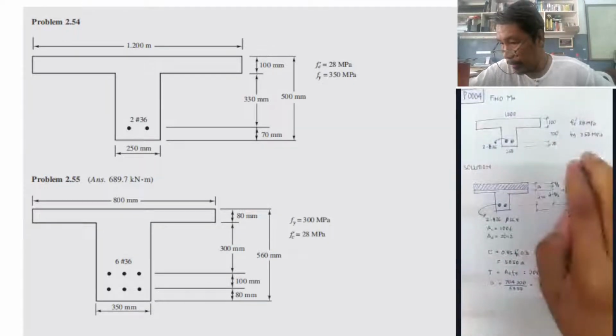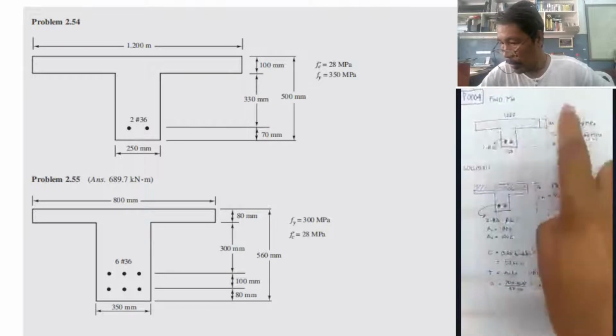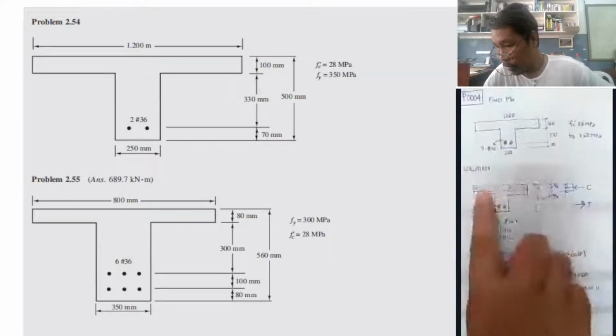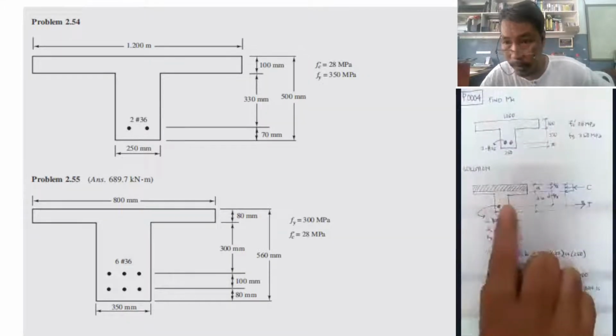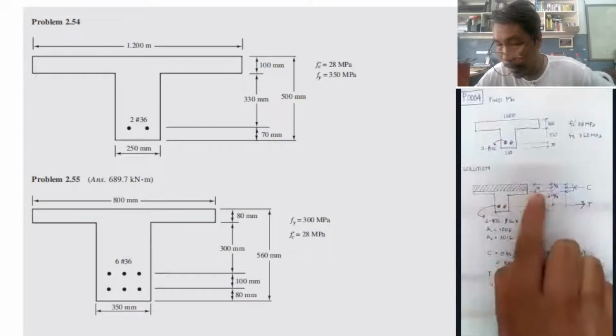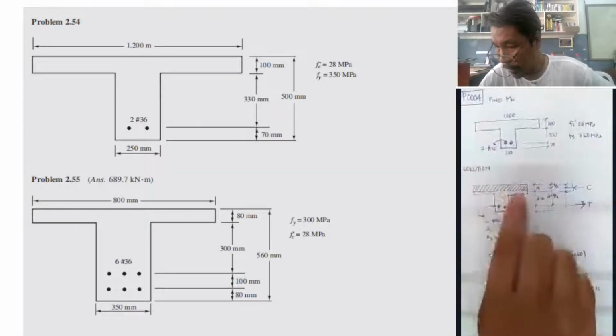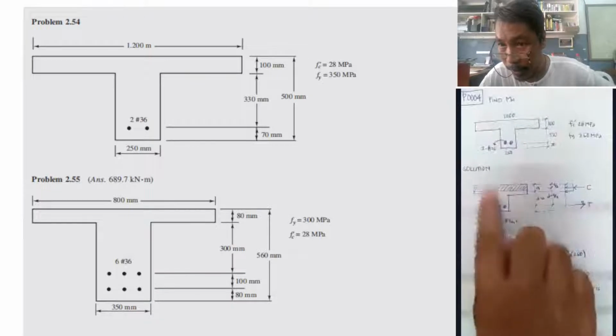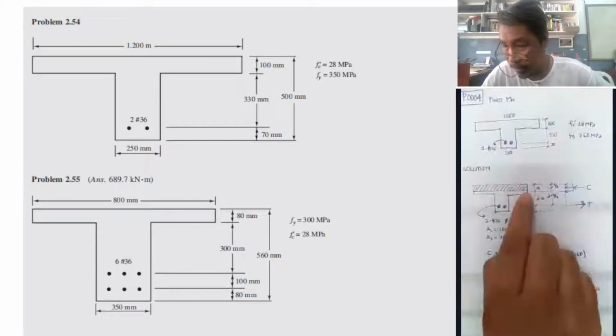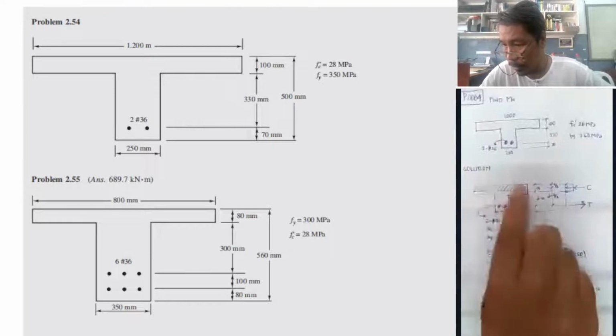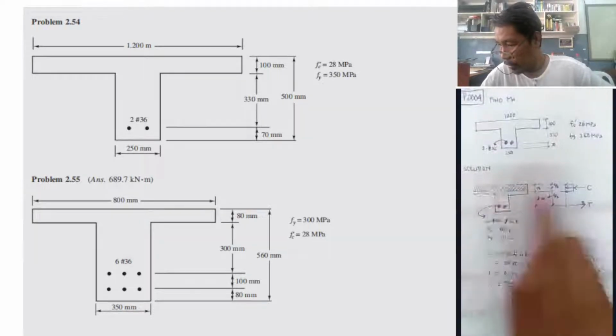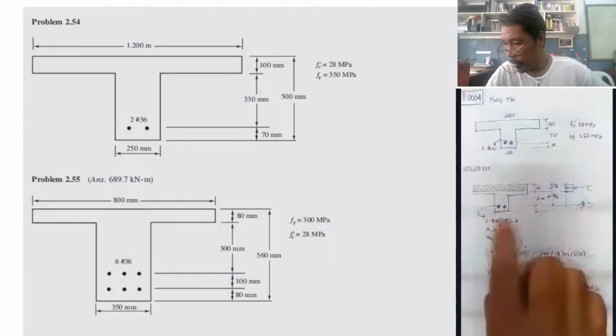This is the given, and then this is our first assumption. We assume the crack model to be like this. The crack portion of the concrete is within the flange. So we have the value for total steel area.